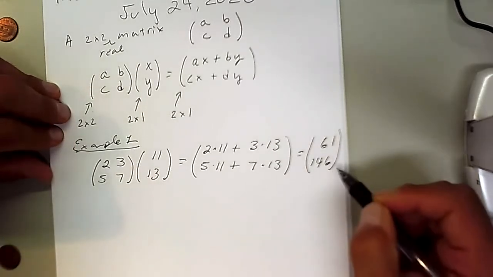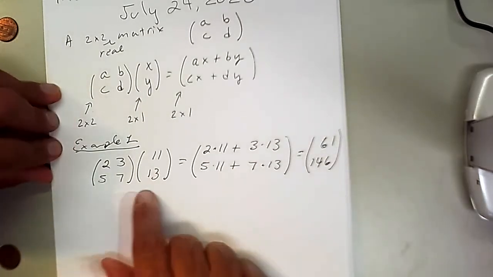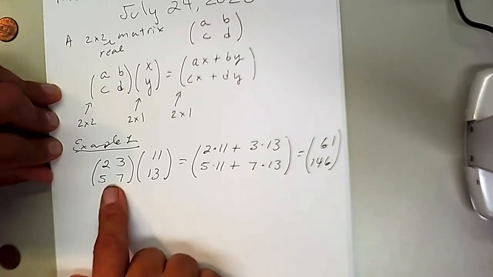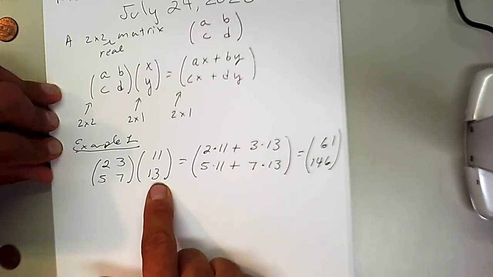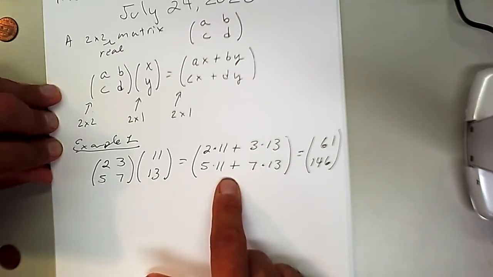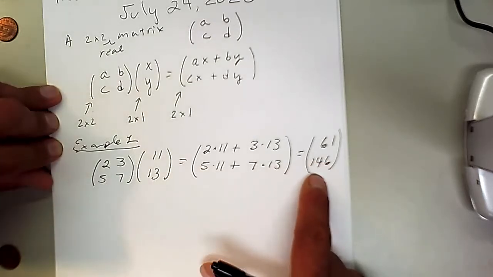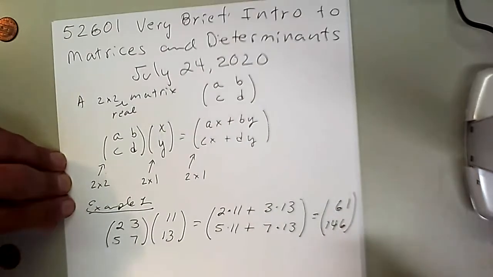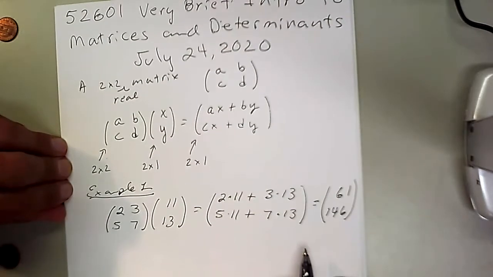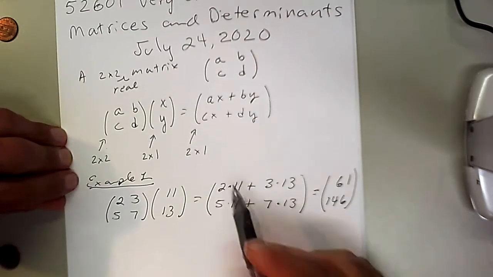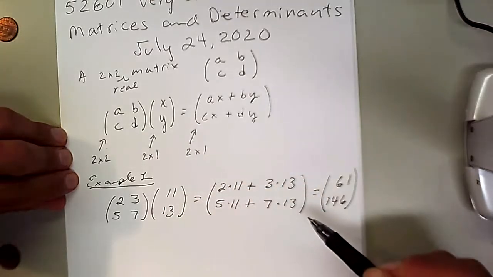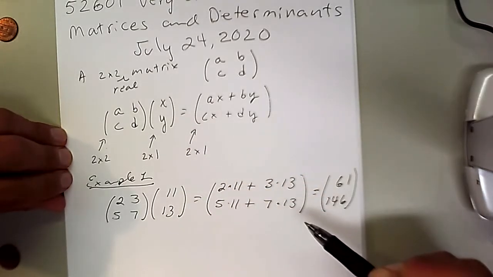I just did that in my head. So that is how we multiply a 2 by 2 matrix by a 2 by 1 matrix. This is an intermediate step to figure out the actual answer. The answer is 61, 146. Okay, so that is a 2 by 2 matrix, a 2 by 1 matrix, and the multiplication between the two.